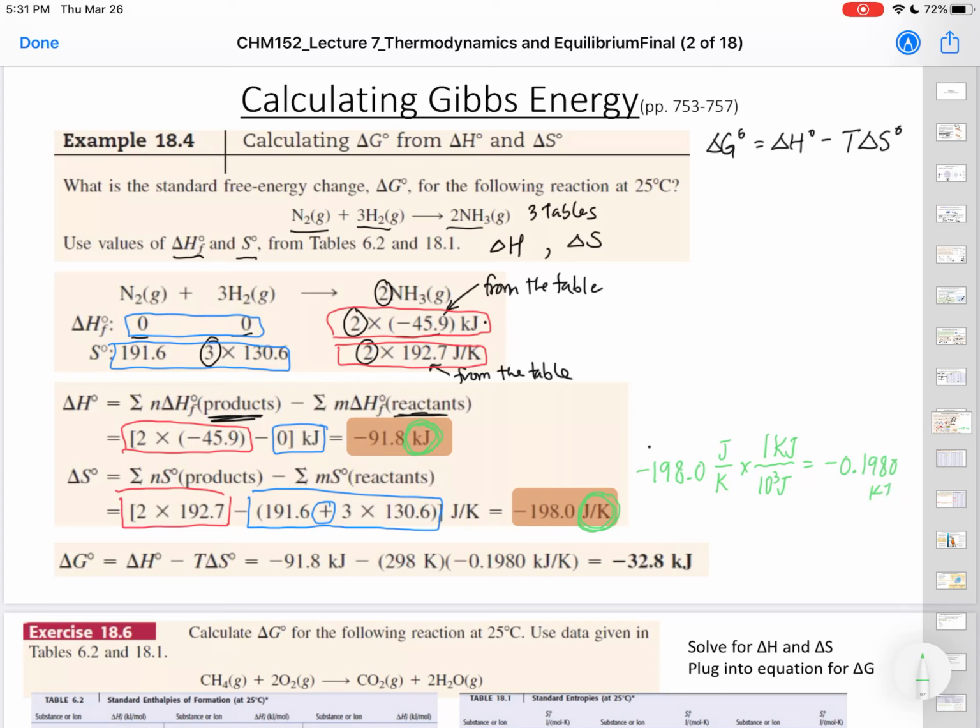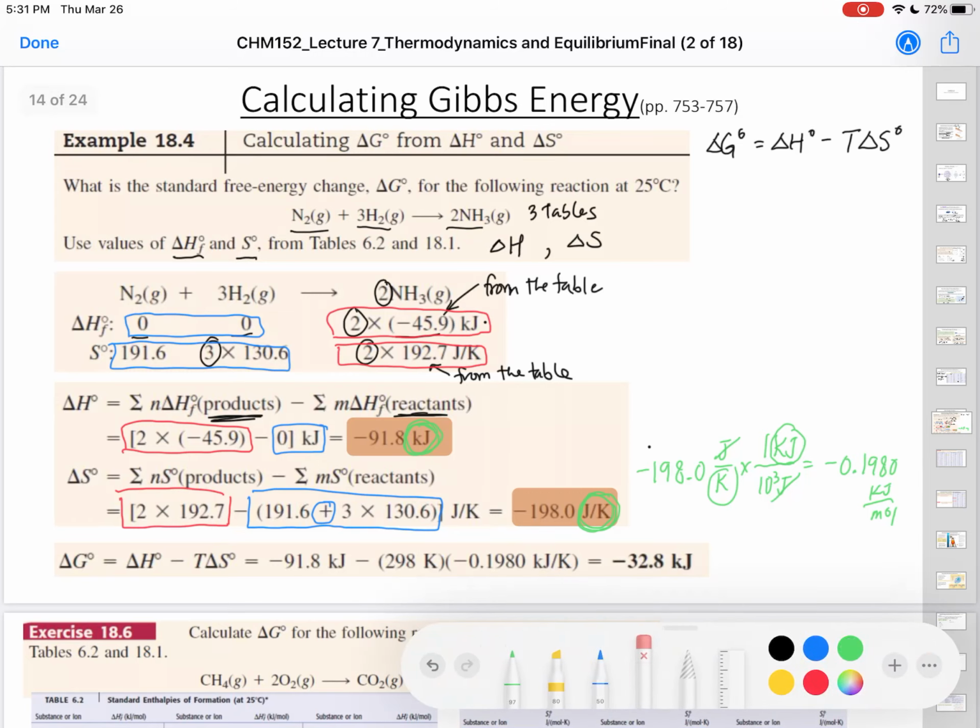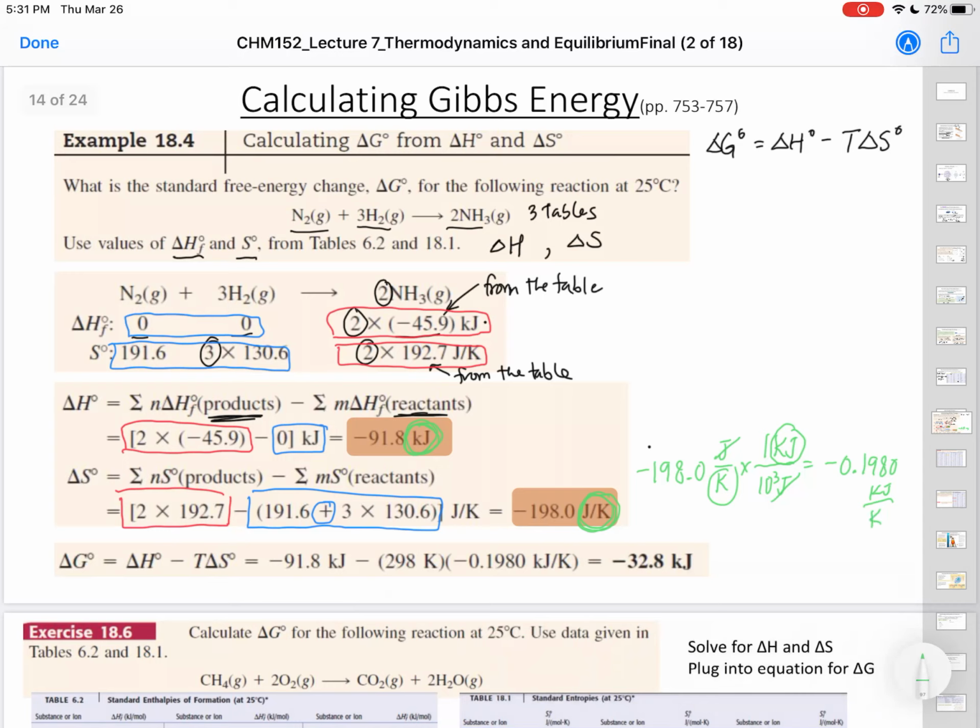This comes out to 0.1980 kilojoules per mole. Why? Because your joules have canceled out. So you are in kilojoules per K, not mole, sorry. Kilojoules per Kelvin. All right.